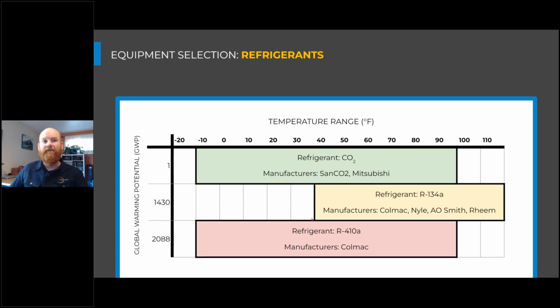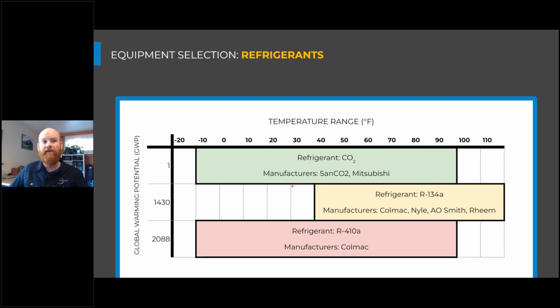You can get clever in Seattle and put these in an underground parking garage, which acts as a buffer space to keep that air temperature always above that 40-degree threshold. And this ends up working out really well for these R134A devices. Most of the heat pumps that have been available for the last 10 years have been R134A. It's great to see CO2 coming on the market because this opens up a lot more opportunities for those heat pump water heating systems.